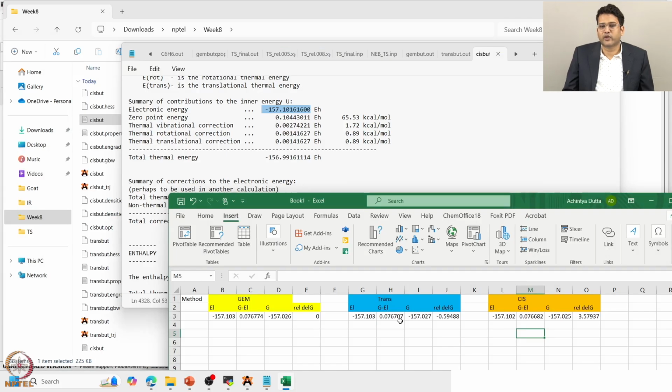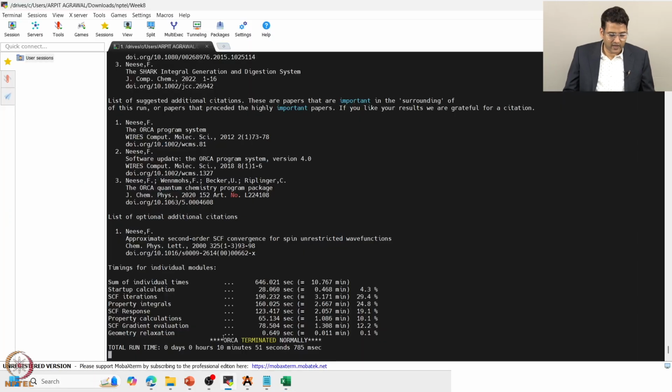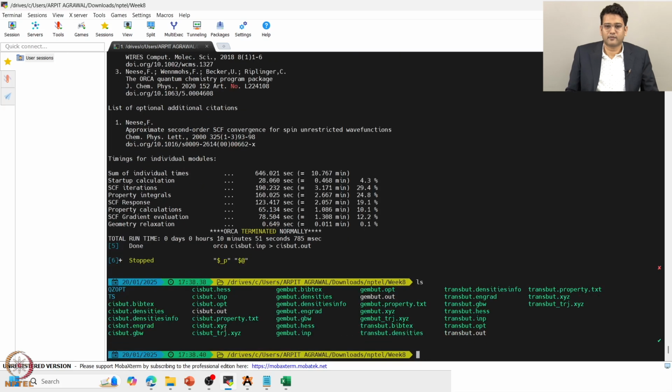What we can do is now we can reperform the calculation, and then we can see how the results vary with that. So to reperform the calculation, for this gembut, we can write gembut.inp, and this will be BP86 single point.